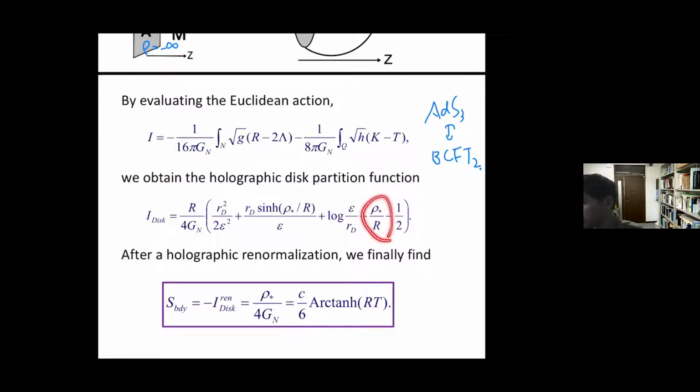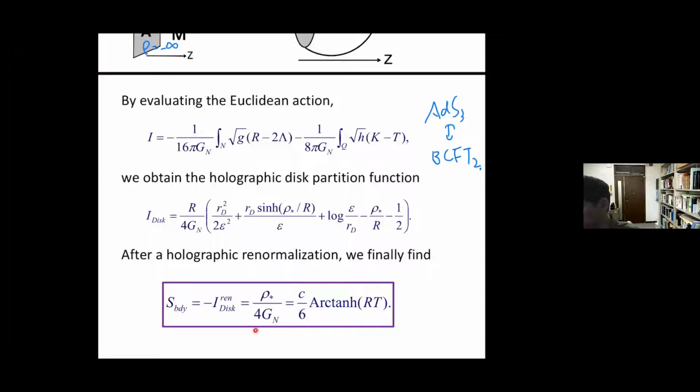And this constant contribution is very important because we can remove the divergence by renormalization. Then what we get is the most important part, a very universal, cutoff independent quantity, which is actually given by rho star divided by 4G Newton.